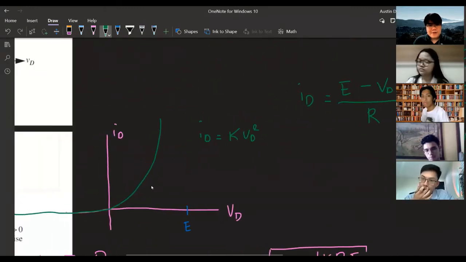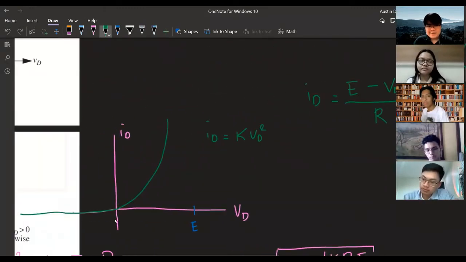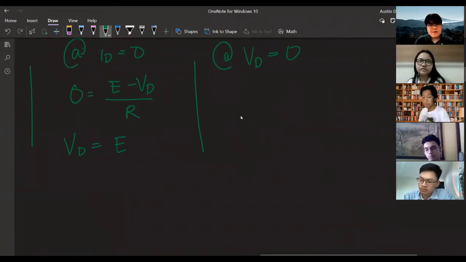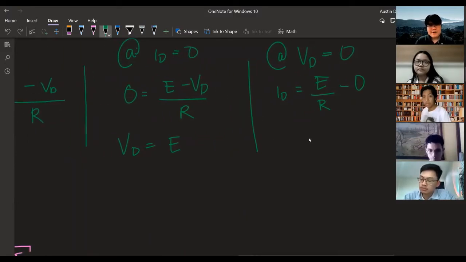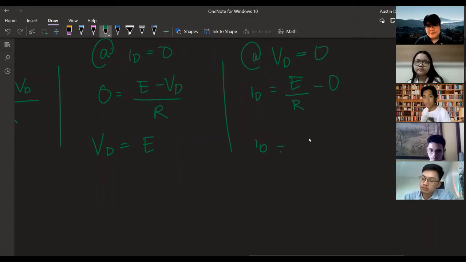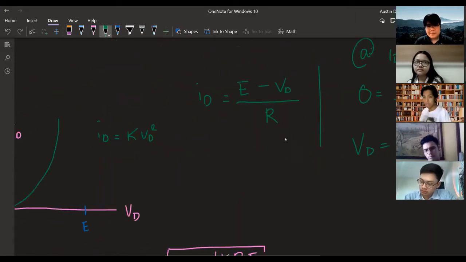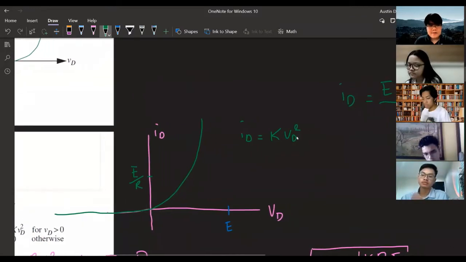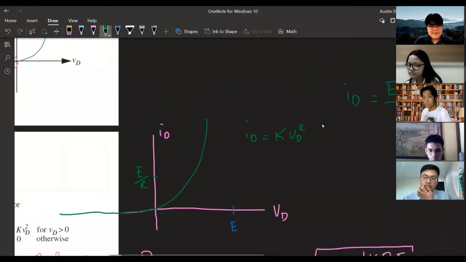VD equals 0. So, magpa-plot ako dito sa line ng vertical axis. Okay? Magiging ID must be equal to E over R minus 0. Okay? Therefore, ID is E over R. Somewhere here, sabihin natin dito, E over R.